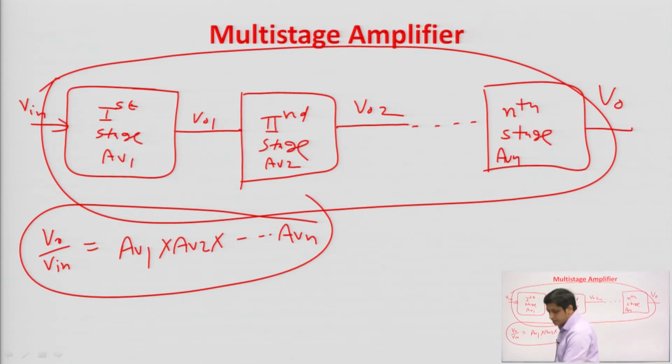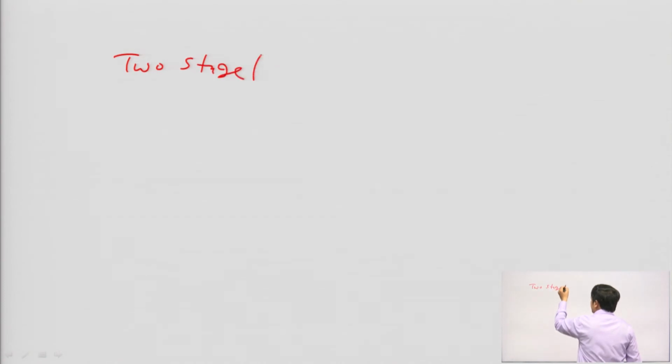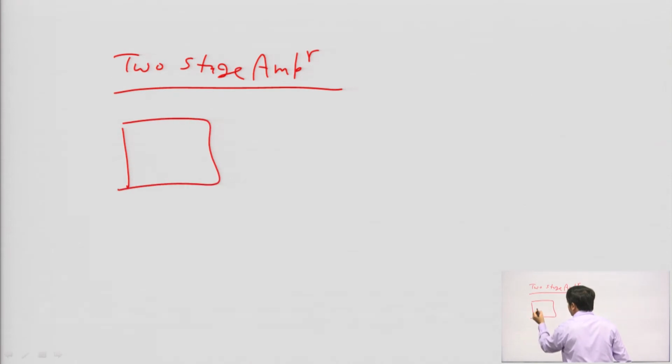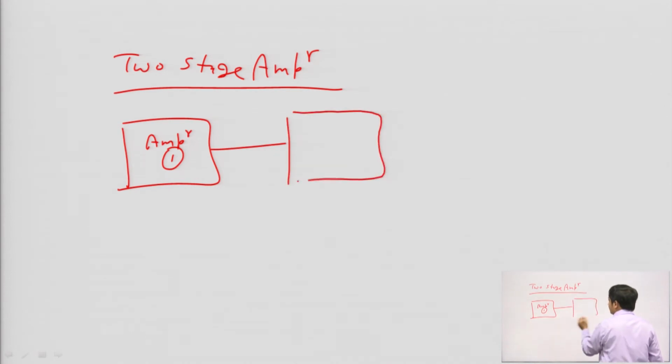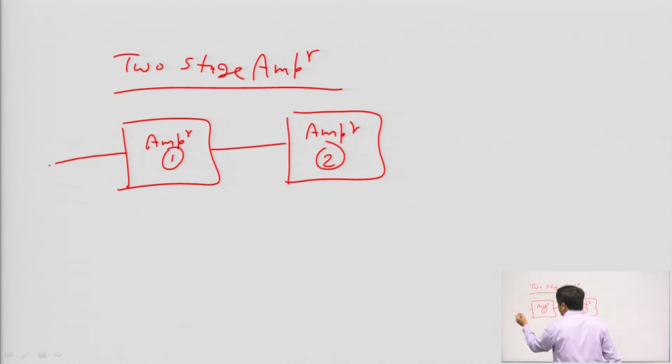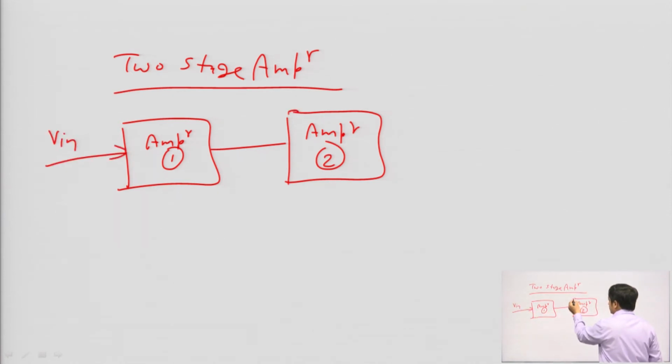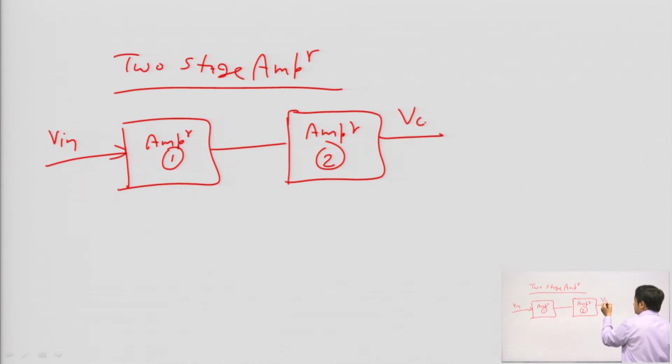If we are considering a two stage amplifier, two stage means we are connecting two amplifiers in cascade, amplifier 1 and amplifier 2. We apply the input signal at the input of amplifier 1, the output is connected to the input of amplifier 2, and the final output is V naught.